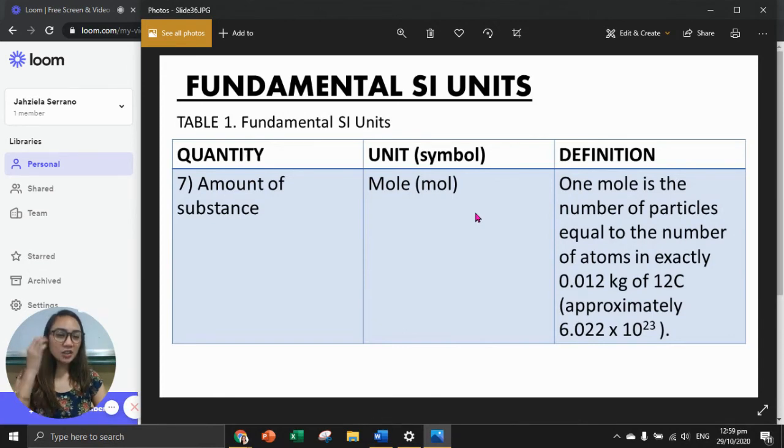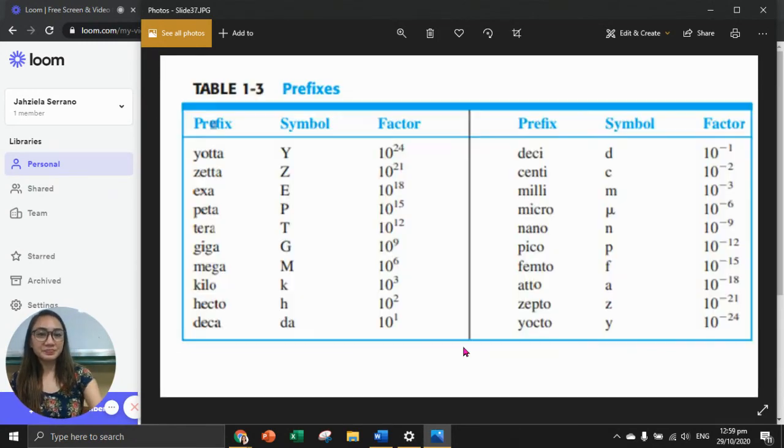So pag narinig nyo yung 6.02 times 10 raised to the 23rd power, it's the Avogadro's constant, no? Last year, we conducted the mole day. Yung may mga students ako na noong October 23, so 10 raised to 23, nagkaroon kami ng counting celebration, no? Counting kainan, etc. So just to celebrate Avogadro.